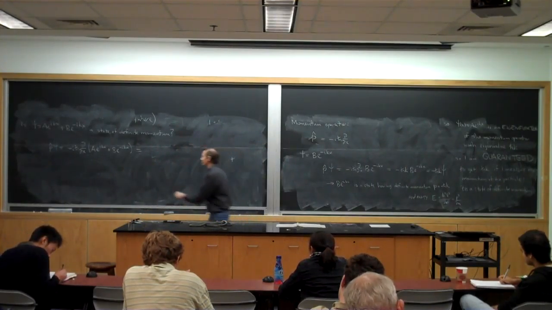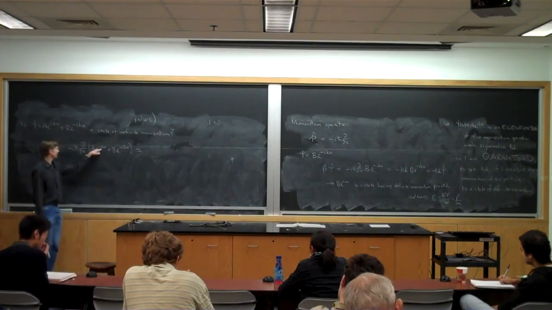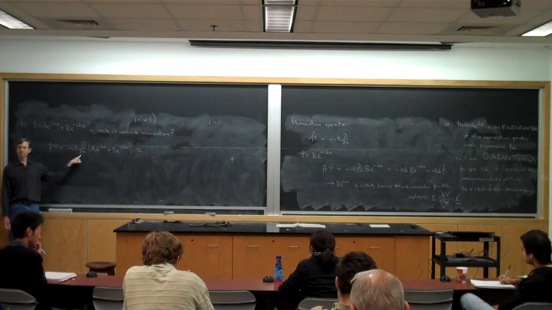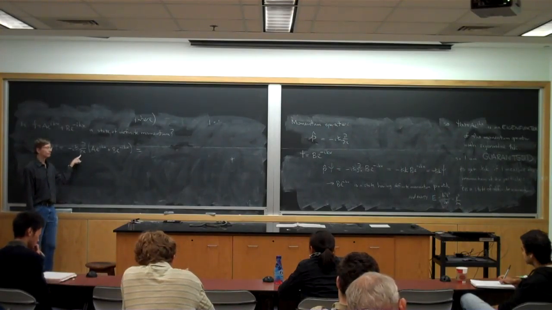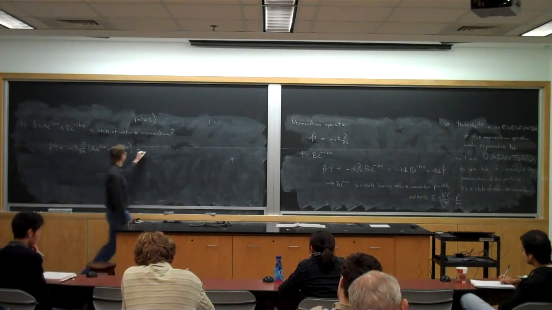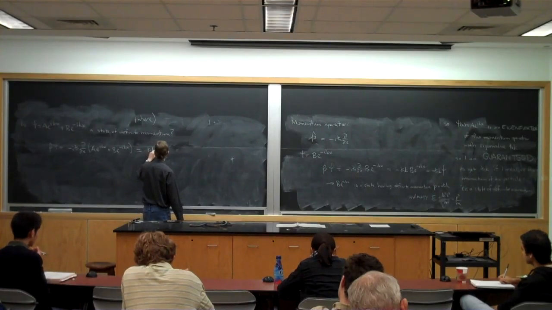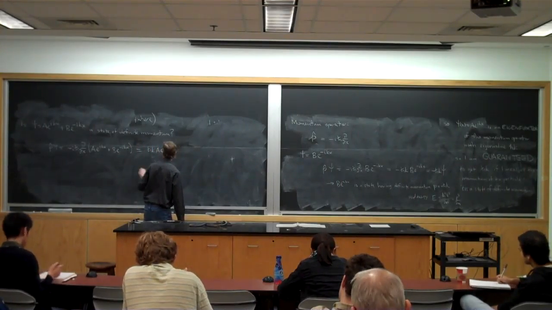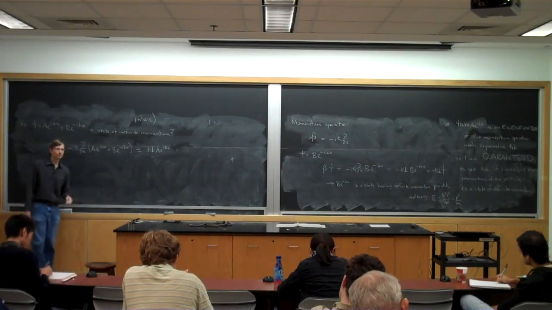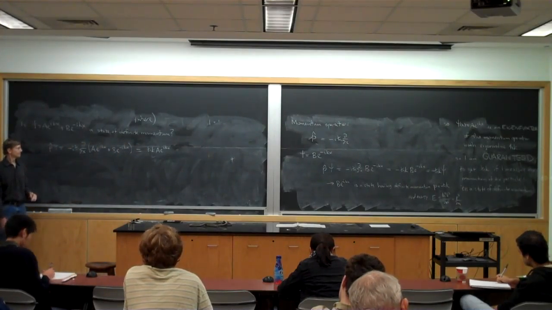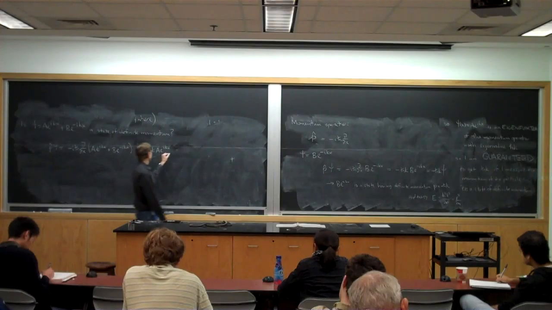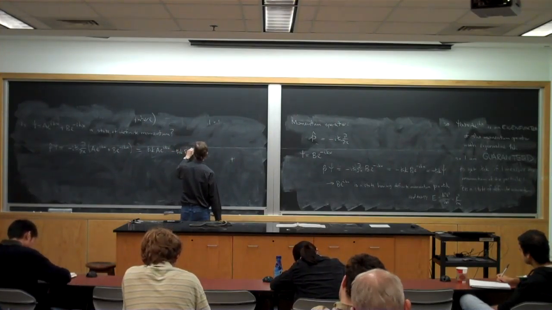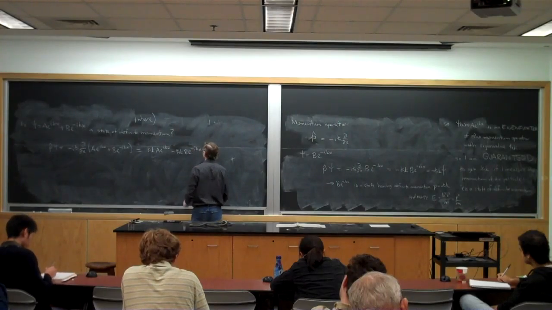What do I get for the first term when I hit a e to the ikx with minus i h bar d/dx? So I get h bar k a e to the ikx. What about the second term? Minus h bar k b e to the minus ikx.